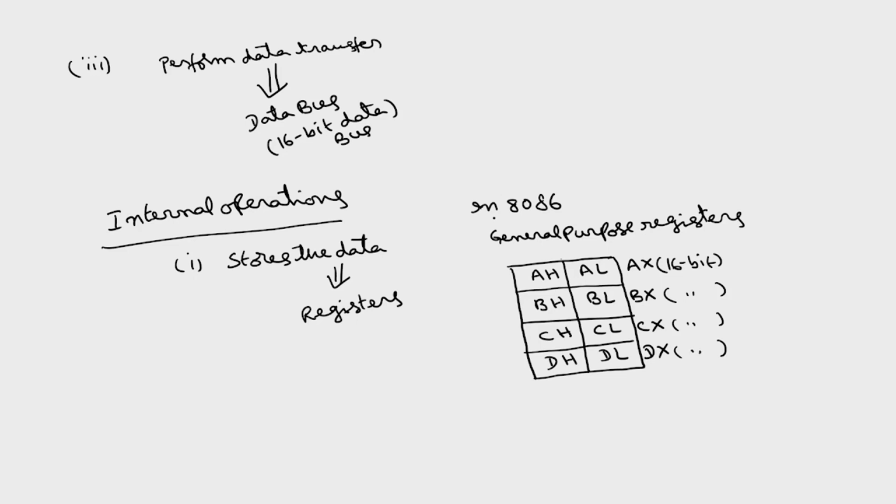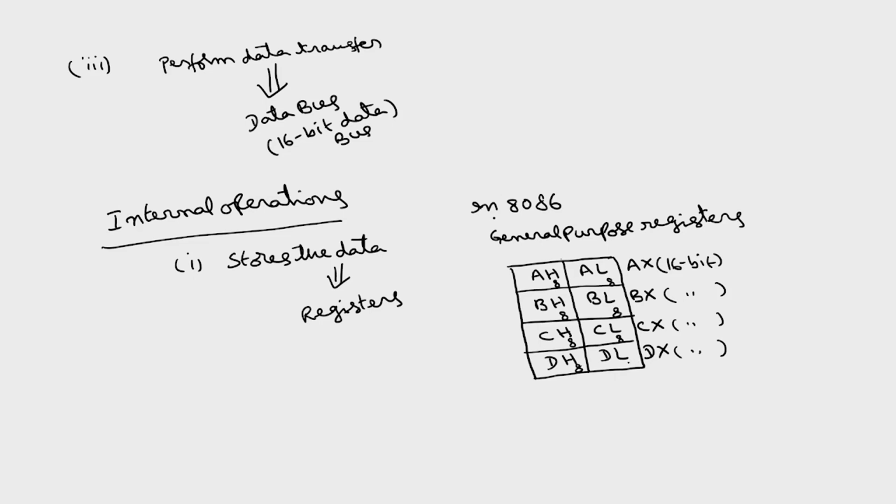In this, AH is the higher order 8 bits. Each one here is 8 bit. The higher order 8 bits of the AX will be stored in AH, the lower order 8 bits will be in AL. Similarly, higher order 8 bits of BX is in BH, lower order will be in BL. The higher order 8 bits of CX is in CH, and lower order will be in CL.